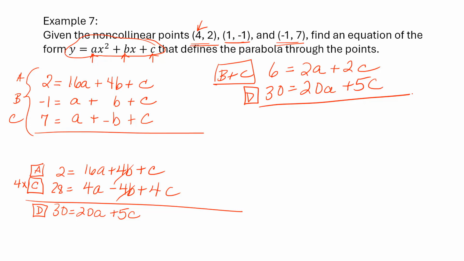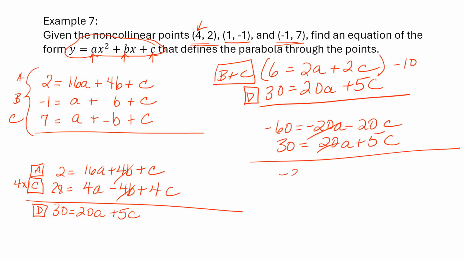And now I can multiply the equation. I'll multiply the top equation by -10 to get rid of the a's. And I get -30 equals -15c, so c is 2.